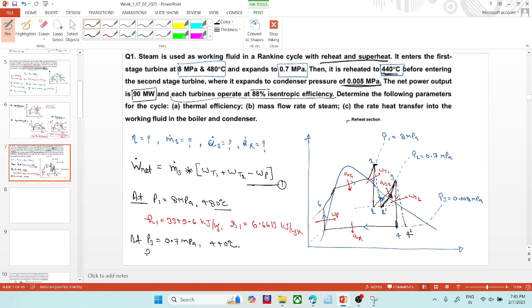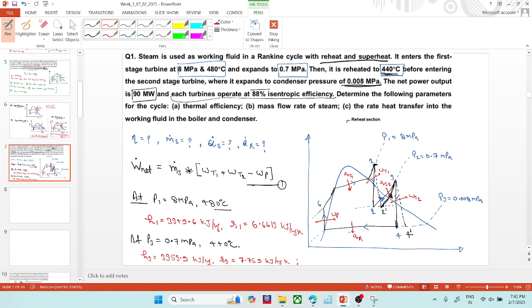I got the values: H3 is equal to 3353.9 kilojoule per kg, and S3 I got as 7.759 kilojoule per kg Kelvin.